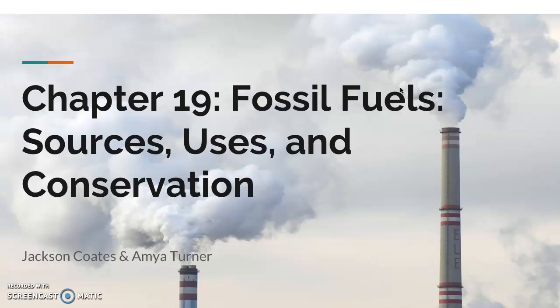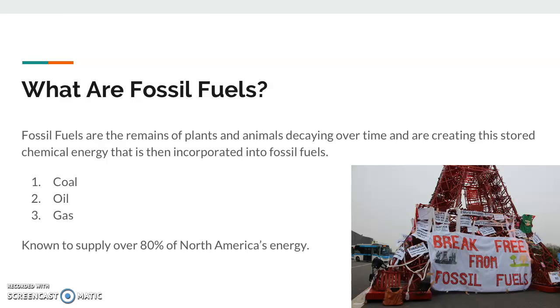Our presentation on Chapter 19 is on fossil fuels and their sources, uses, and conservation. What are fossil fuels? Fossil fuels are the remains of plants and animals decaying over time, and they're stored chemical energy that is then incorporated into fossil fuels.